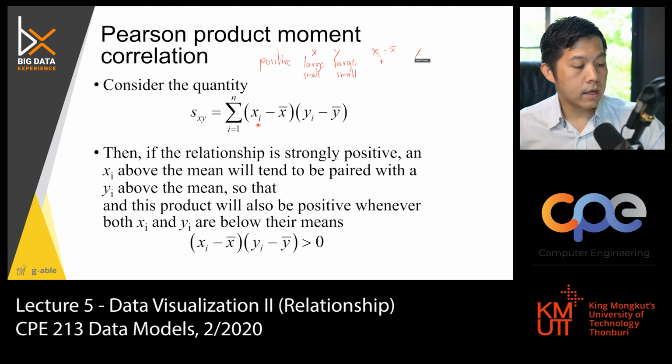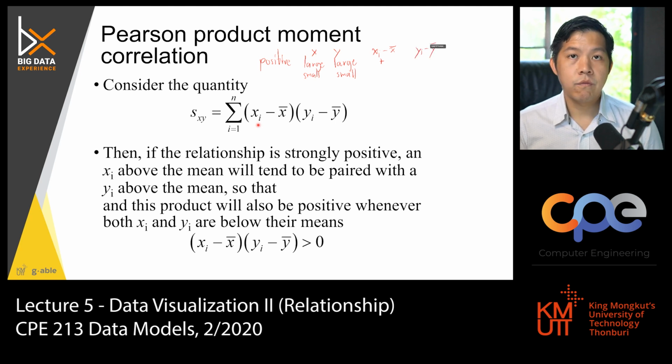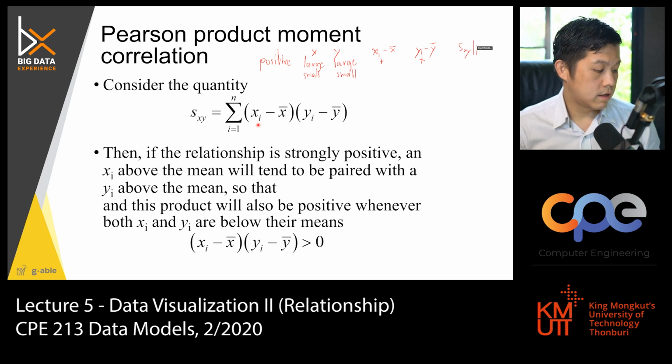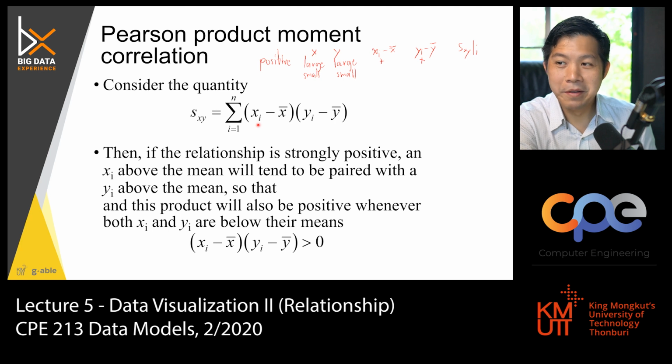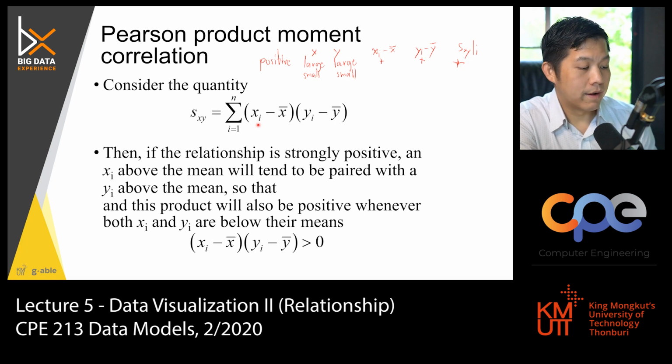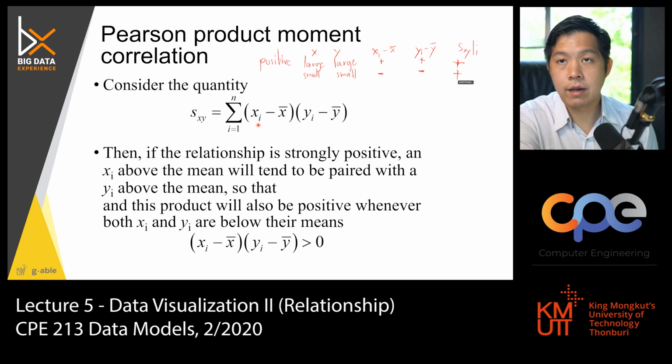And y_i minus y bar, if y is large, is more than the mean, so it will also be a positive value. Then s_xy for a specific i will be positive, because when you multiply positive with positive, you get a positive value. With small and small, you get minus and minus multiplied together, which gives a plus value.